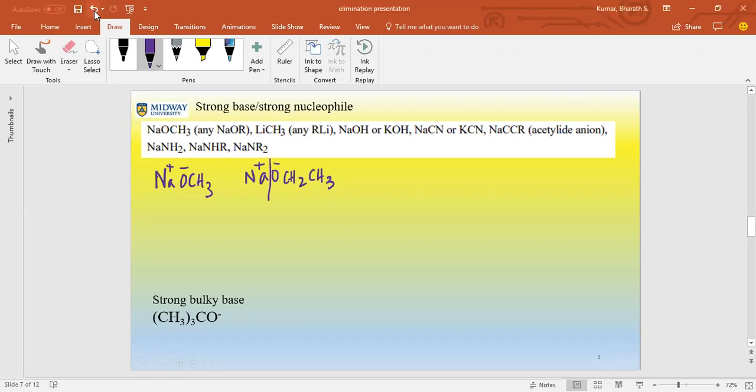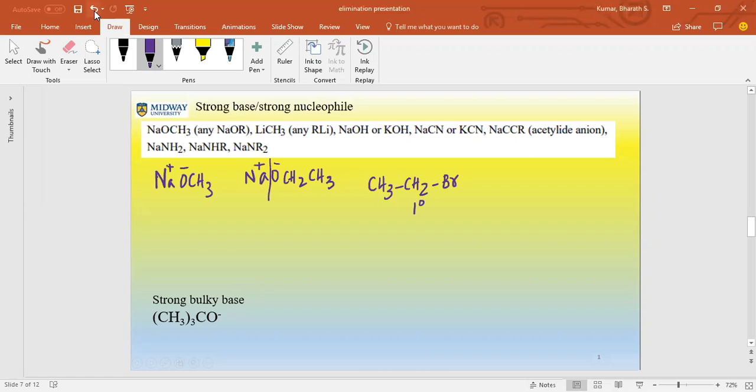So whenever you have an alkyl halide, say CH3CH2Br, remember this Br is attached to this carbon. So this is a secondary, this is a primary, right? Primary and methyl alkyl halides almost always favor only SN2.